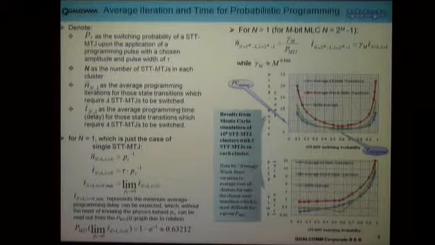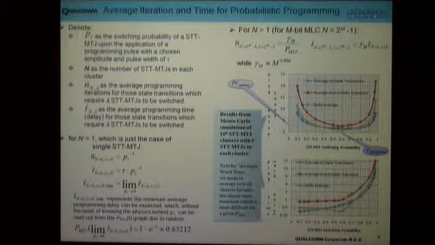And also for the multi-level cell case, we also derived the equations for the average number of iterations and the average programming time. And so this diagram shows how the average programming iteration varies as a function of the STT-MTJ switching probability.